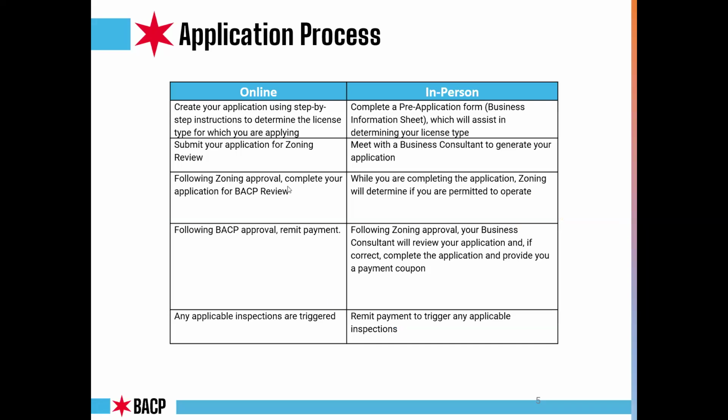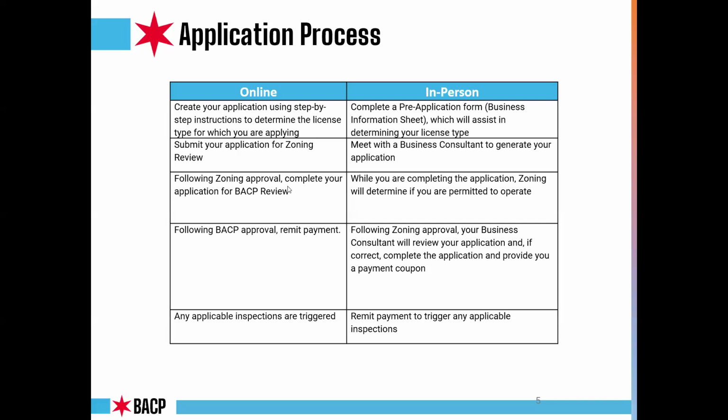So the application process. We'll go through the online process, and then we'll go through the in-person process. Online, you are going to create your application using step-by-step instructions to determine the license type for which you are applying for. The application you use if you're a first-time applicant is new business license application.